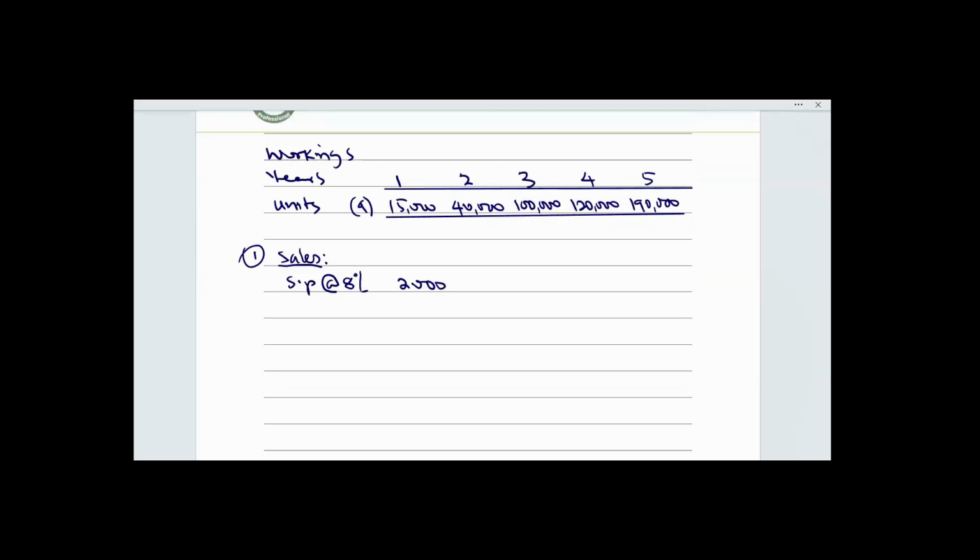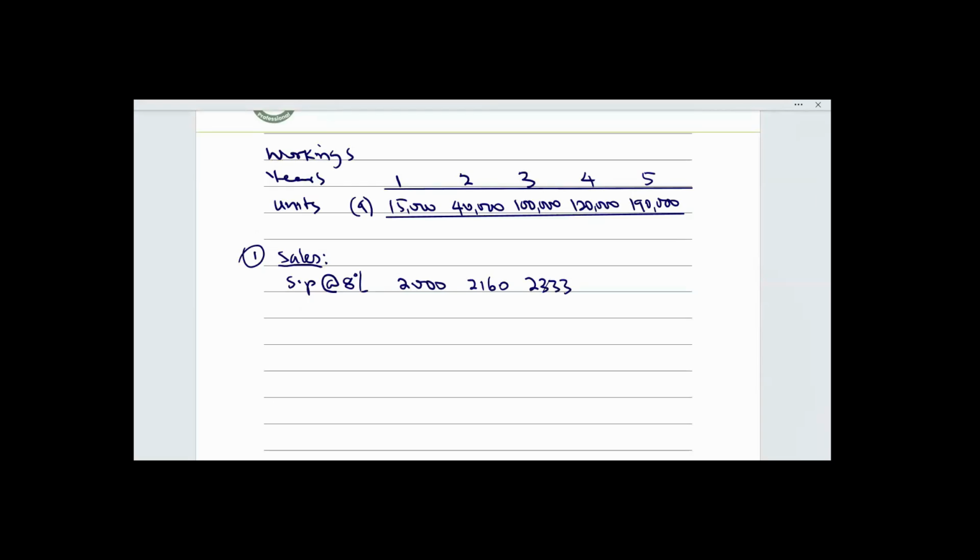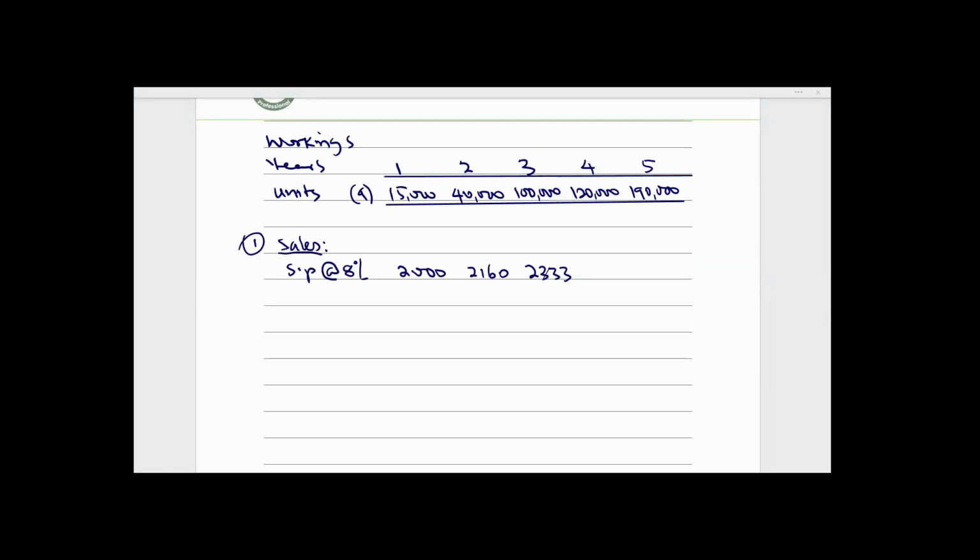So I would then say 1.08 multiplied by 2,000, that is 2,160. Here is 2,160 for year 2. Whatever you have in your calculator, multiply by 1.08, equals 2,333. Here is 2,333. What you have in your calculator, multiply by 1.08, equals 2,519.